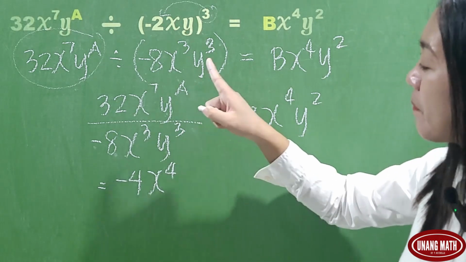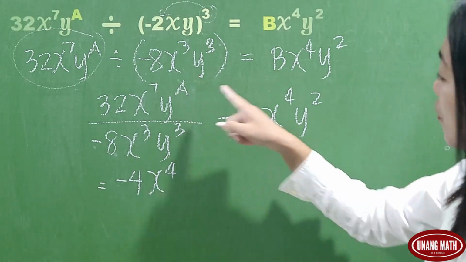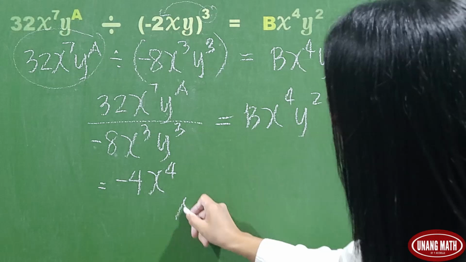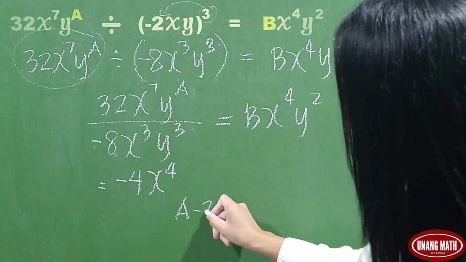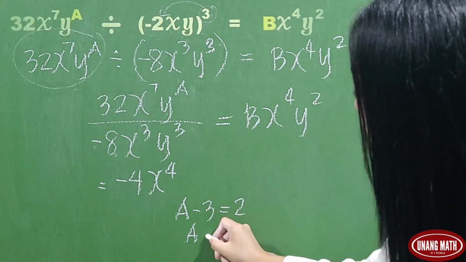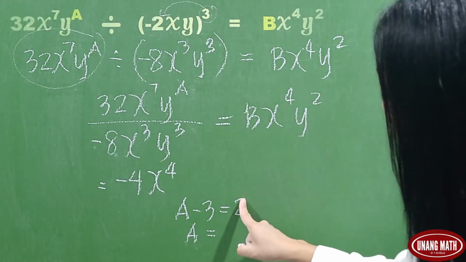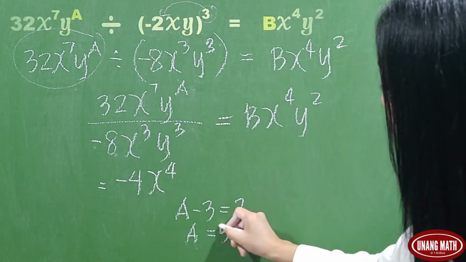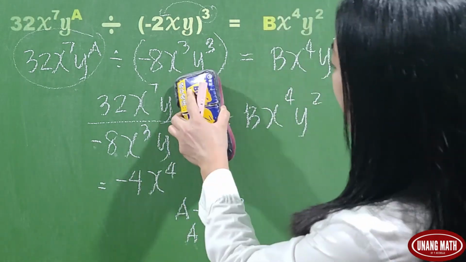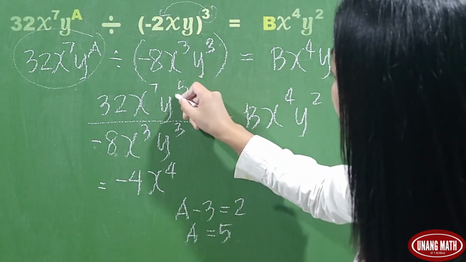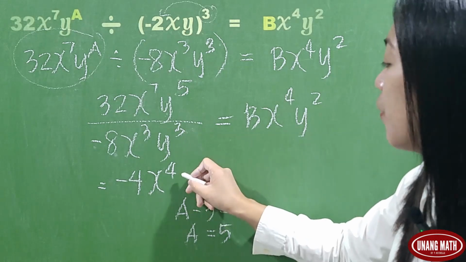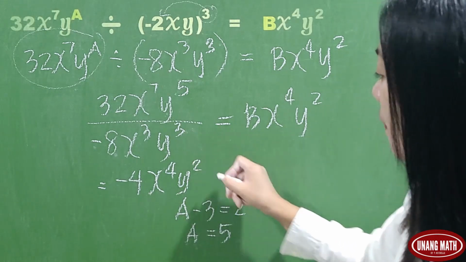So what would be the value of a, so we can get y raised to the power of 2? So meaning a minus 3 is equal to 2. So it means a is equal to 2 plus 3, which is 5. So meaning this exponent is 5. So 5 minus 3 is now 2. So this is y raised to the power of 2.